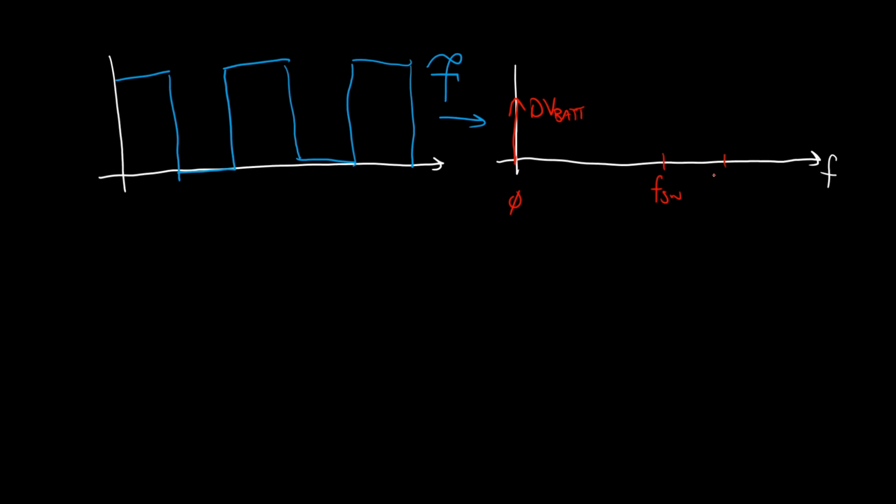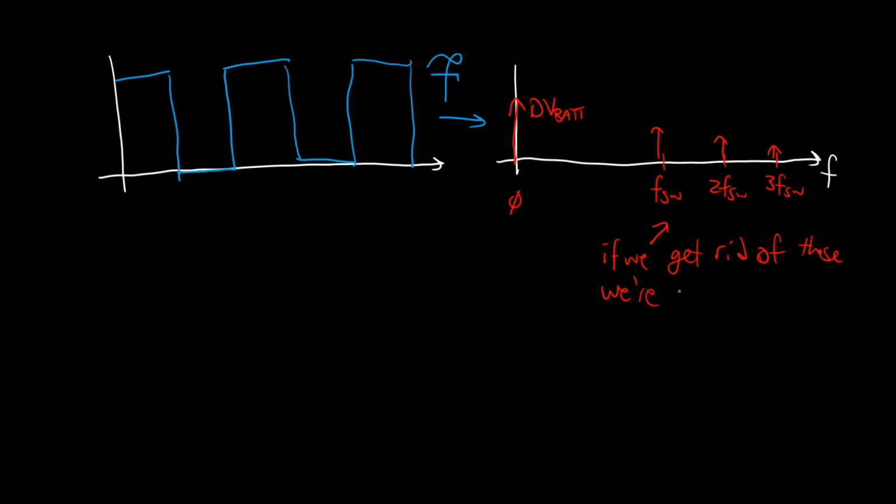Again, you can look at the Fourier series expansion of a square wave, but it's something like it falls off with 1 over n, and the harmonics are all at multiples of the fundamental frequency of the square wave. So we have harmonics at FSW, 2 FSW, 3 FSW, and these are the things we don't want.